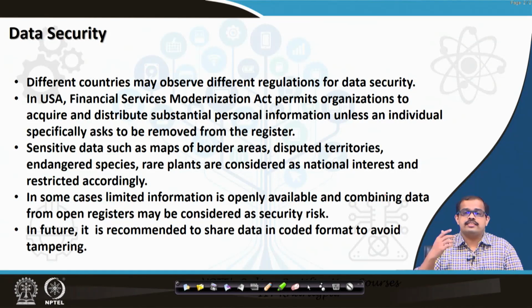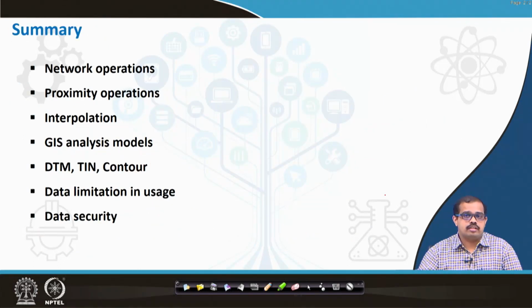In future, it is recommended to share data in a coded format to avoid tampering. This is what the GIS companies are actually looking at now. They are coding all the GIS data so that they avoid any tampering or misrepresentation of the data. Okay. So, this is about today's class.